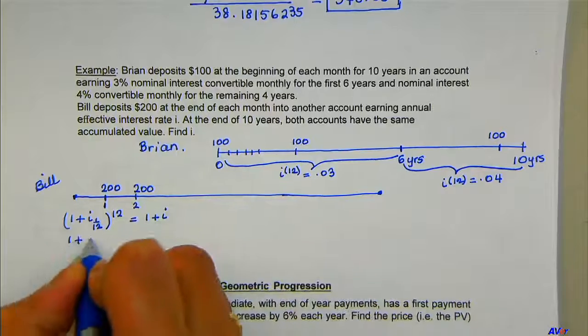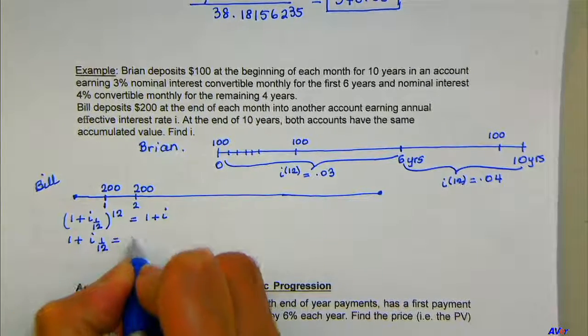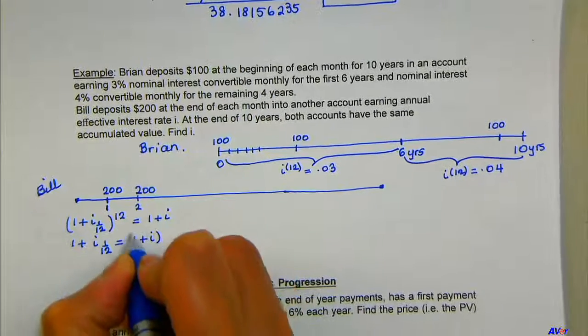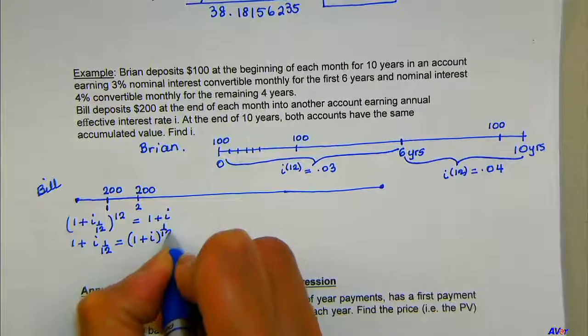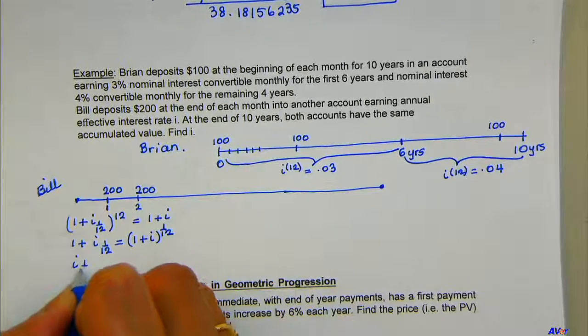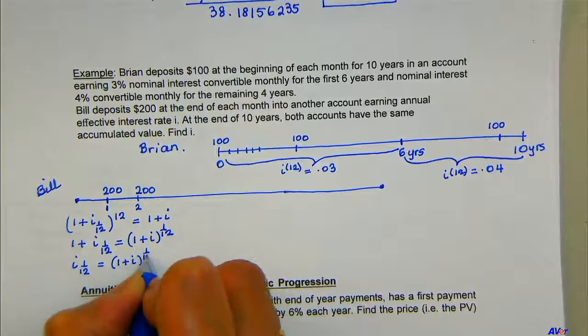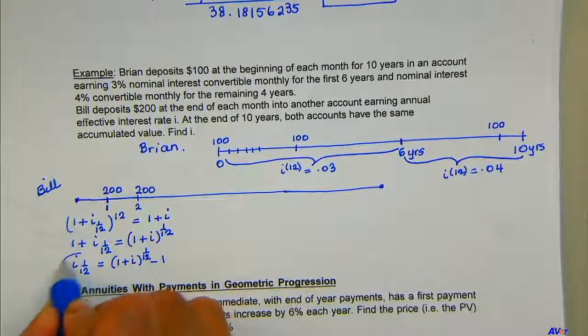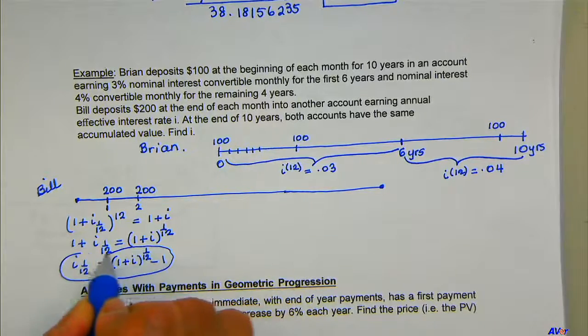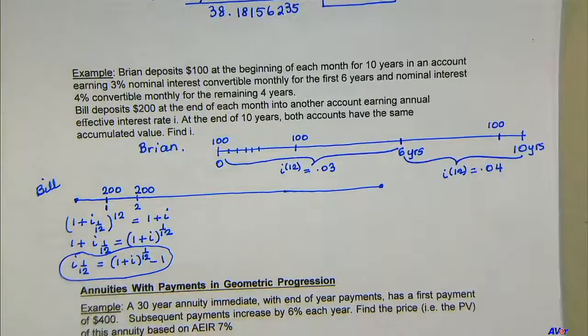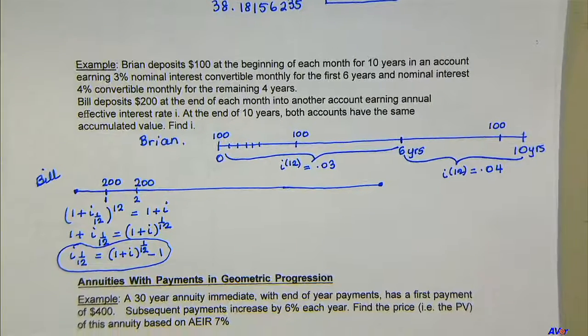Therefore, 1 + i^(12)/12 equals (1 + i) raised to the 1/12 power. And i^(12)/12 is equal to (1 + i)^(1/12) minus 1. That's for Bill, because his stuff was given in terms of annual effective interest rate i.